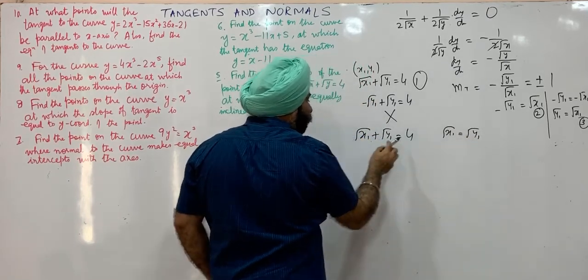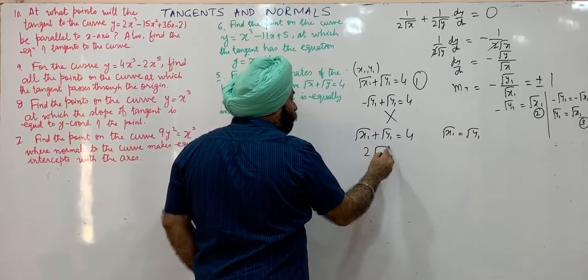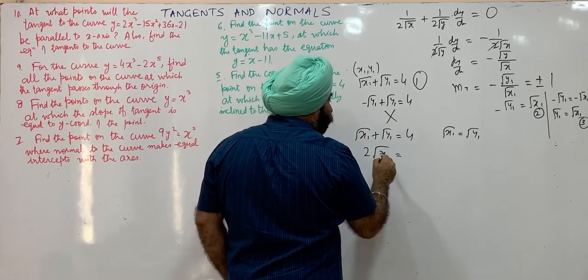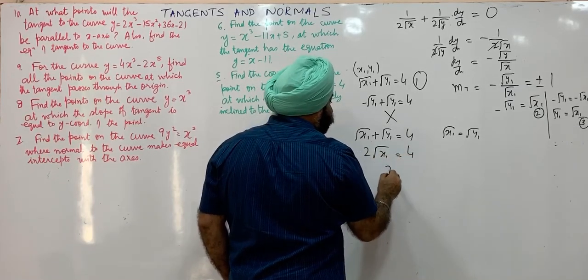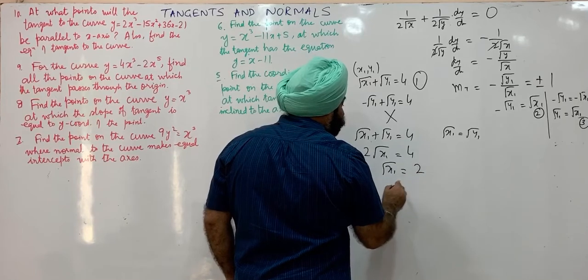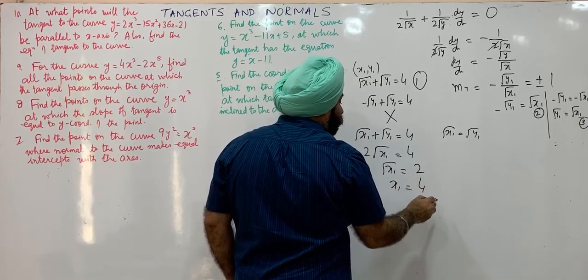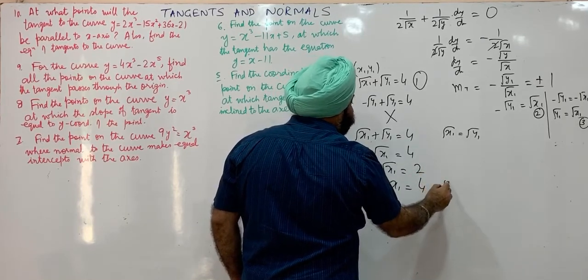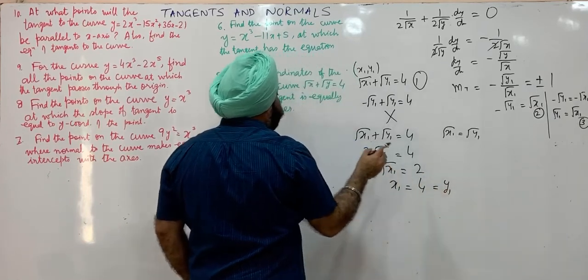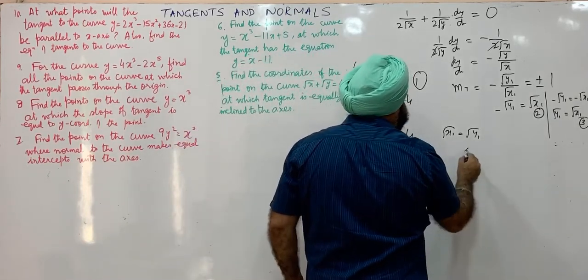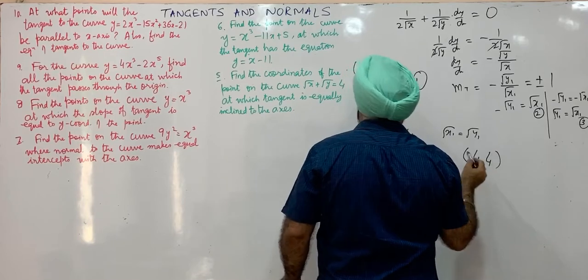We put root of y1 equal to root of x1. This gives us 2 times root of x1 equals 4, or root of x1 is 2, or x1 is 4. If x1 is 4, y1 is also 4. So the point x1 comma y1 is 4 comma 4.